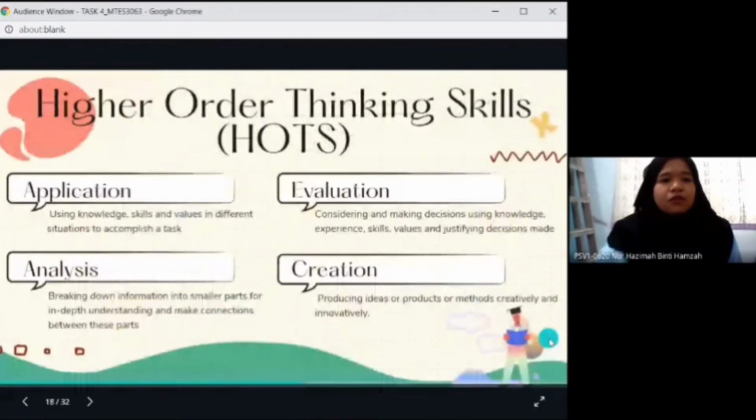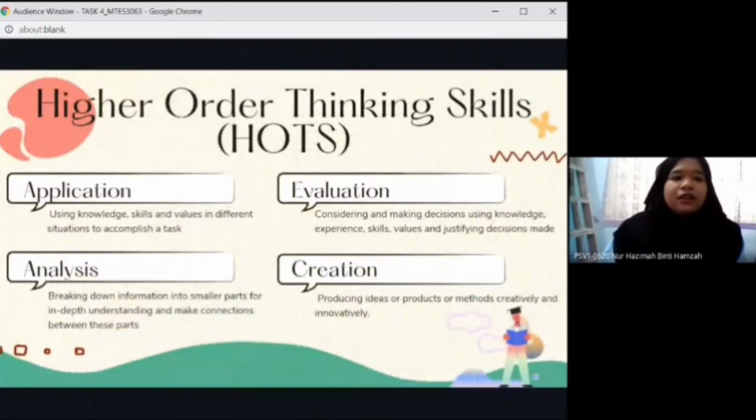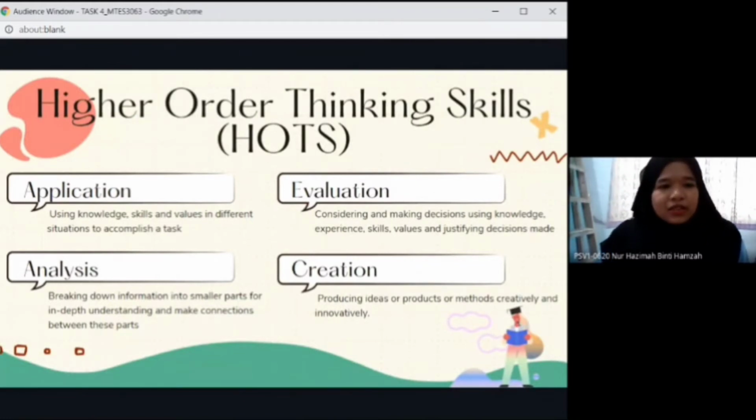Then we go to the higher order thinking skills, which is HOTS, that apply in four elements. Number one, application, by using knowledge, skills, and values in different situations to accomplish a task. Number two is analyzing, which is breaking down information into smaller parts for in-depth understanding and making connections between these parts.